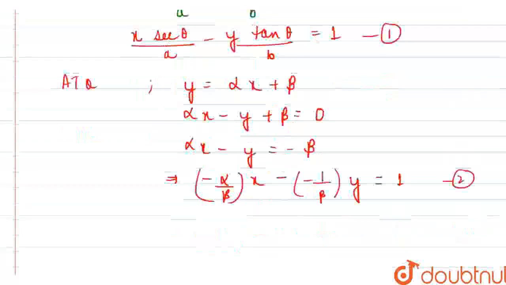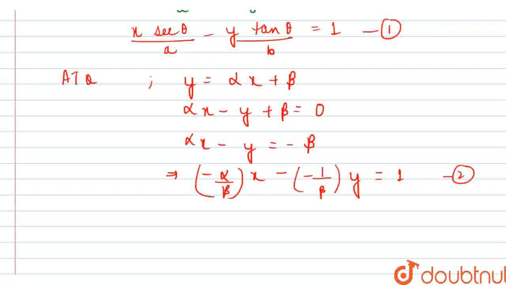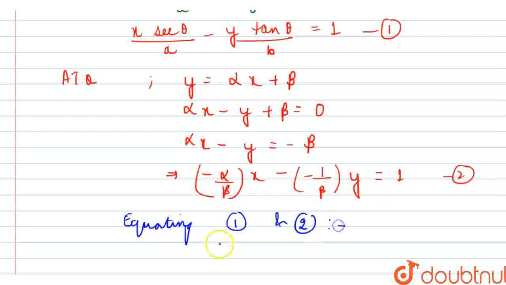Now you can observe that equation 1 and 2 are same because both are tangent. So equating 1 and 2, what we get? It states that secant theta upon a is equal to minus alpha upon beta.